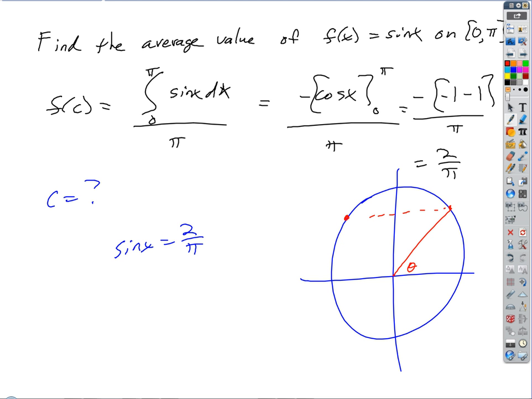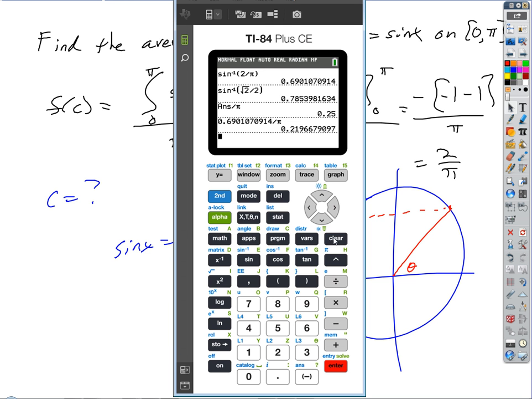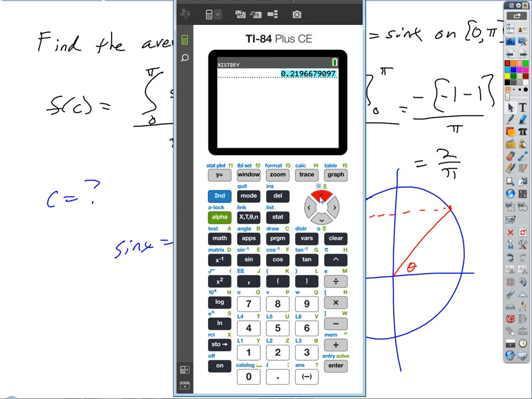Because we're looking for all the values between 0 and pi. See what I'm getting at? So when I get this value in my calculator, forgive me for digressing here, but I want you guys to see this. Can I go back up, right there?